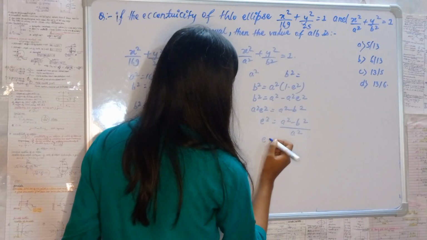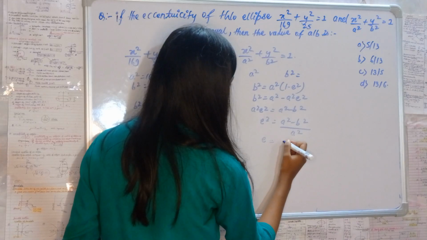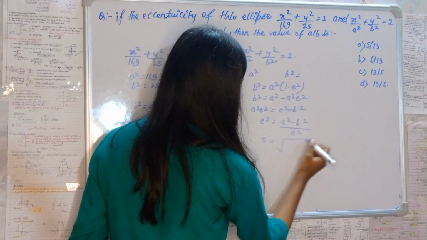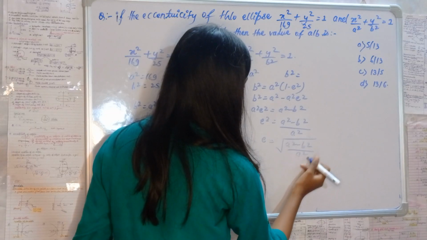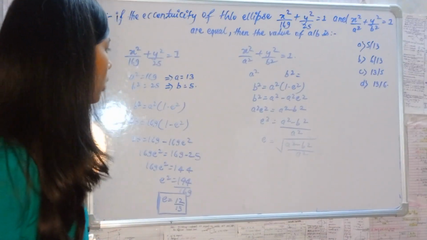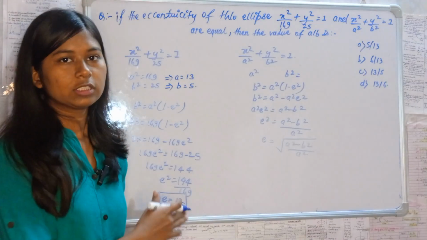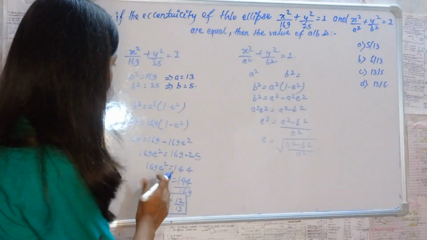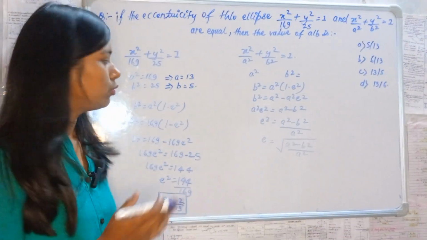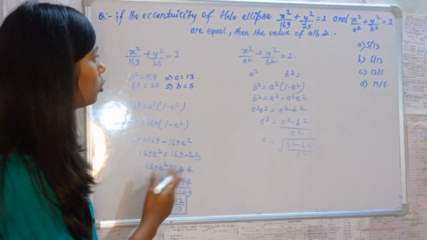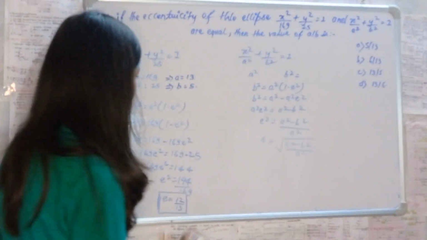Taking only e, I get the under root of a square minus b square upon a square. Now I must equate both of them.